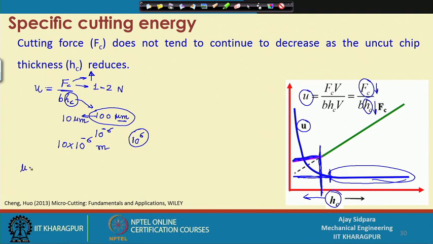So, now u will be FC into 10 raised to 6 divided by B into 10, correct.